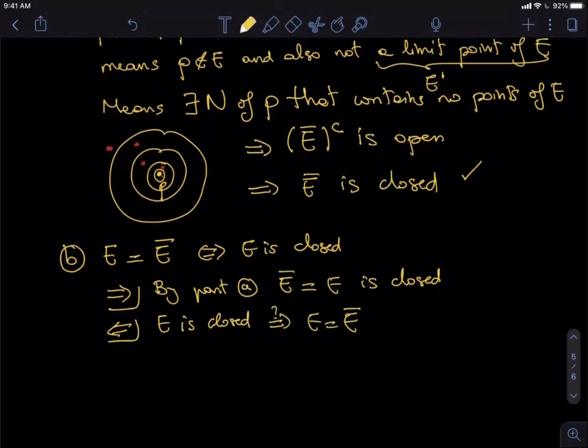But here's the thing, because E is closed, then E prime is contained in E. That's the definition of closed.